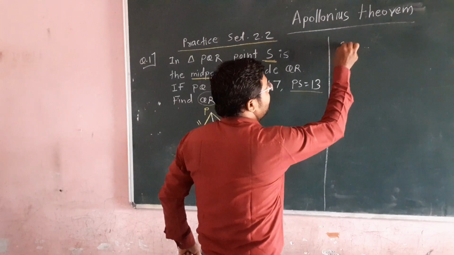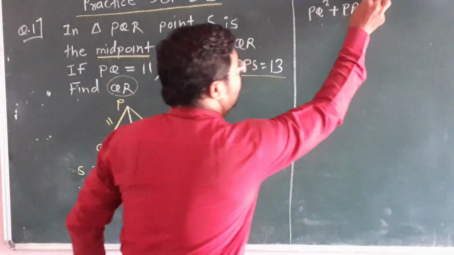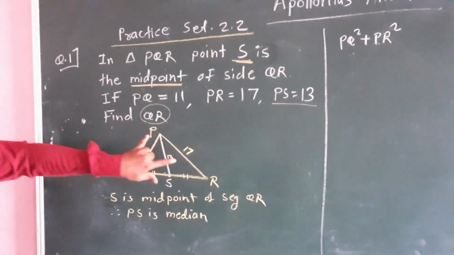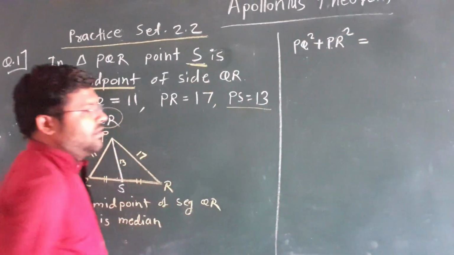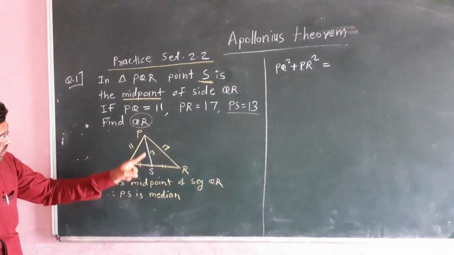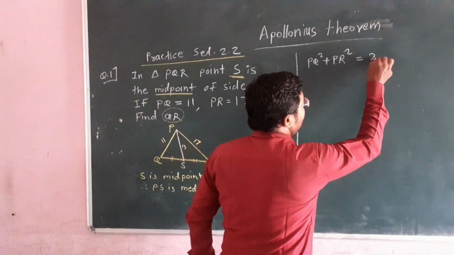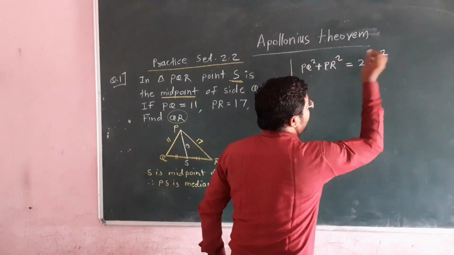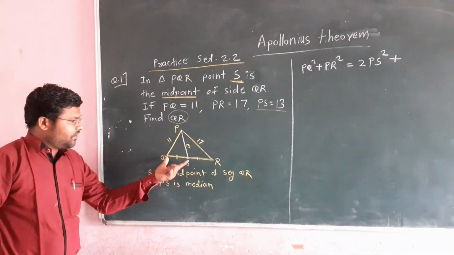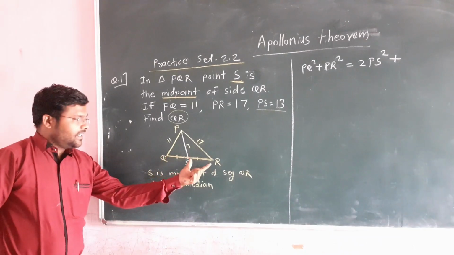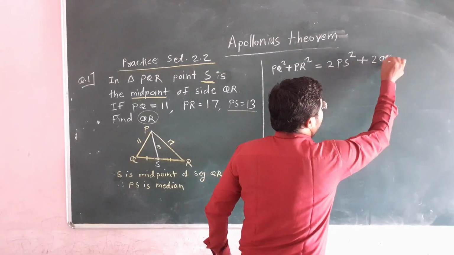So write here PQ square plus PR square is equal to 2 into square of median. PS is median, so write here 2 PS square plus, take any part. You can take QS, otherwise SR also. So I will take here 2 QS square.